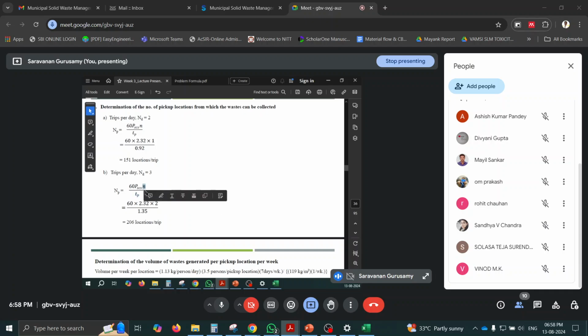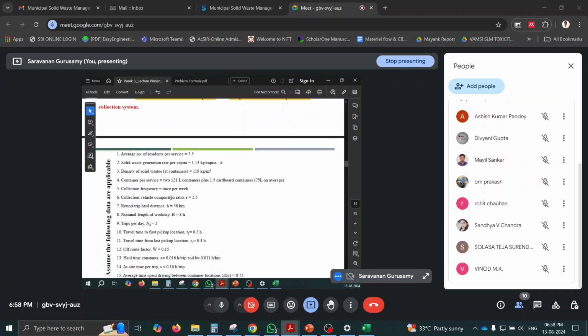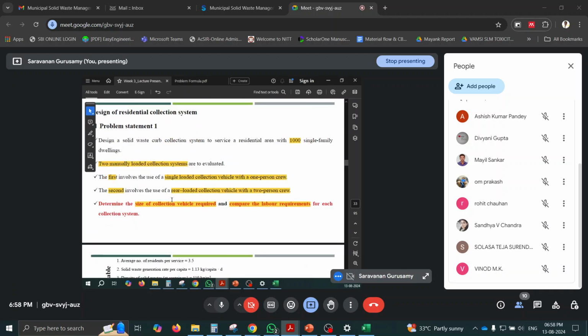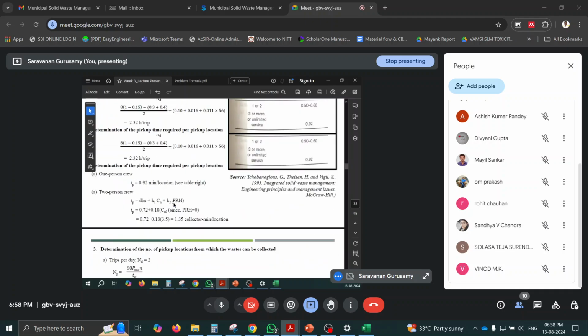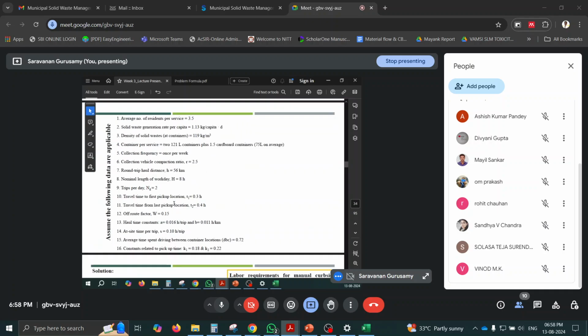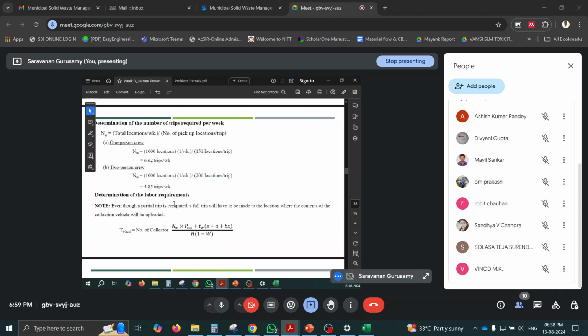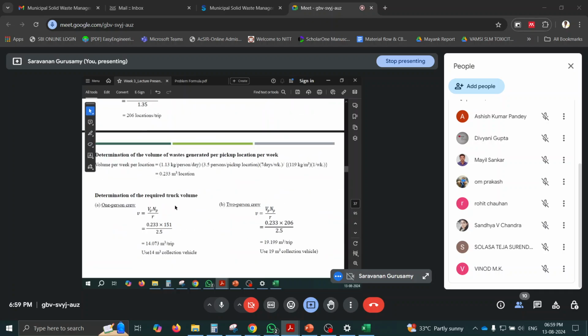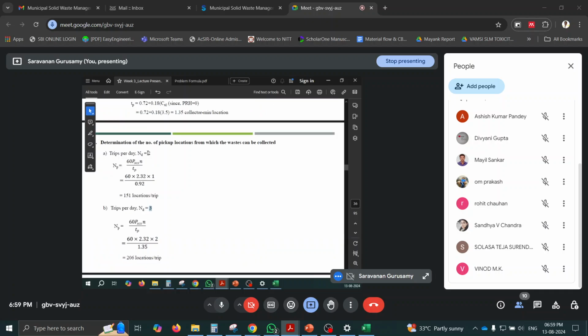So N is already given, two trips per day, and we have to compare 3 trips per day. So trips per day is actually 2 and 3. We can easily substitute N as 2 and N as 3, and then PSC is common.